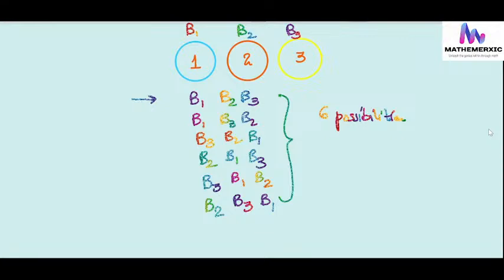Now, if you put A at the start of the line, obviously there are 5 balls. If you put A at the start of the line, so there are 4 balls left and A at the start of the line. For 4 balls we have 4 times 6, that is 24.